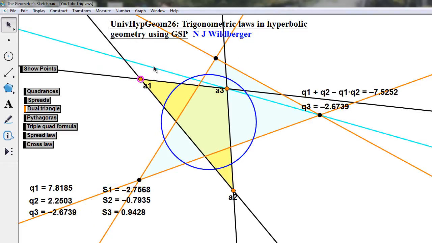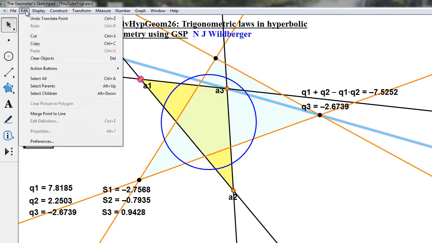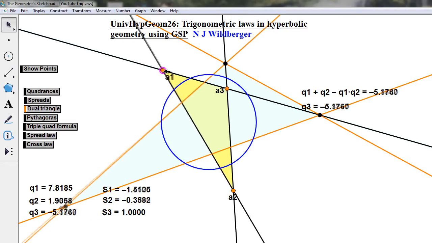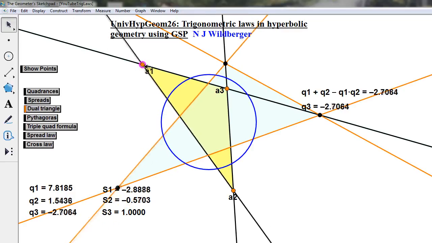But we can actually force the program to do that for us automatically by telling it to merge this point with this line. And we do that by going up here to the Edit tab and going down to Merge Point to Line. And you will see that the program has automatically moved A1 onto that line that we created between this dual point and A3. And we can move A1 now, but it's constrained to lie on this line.